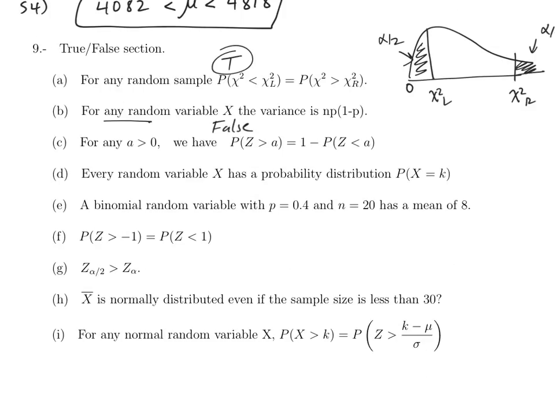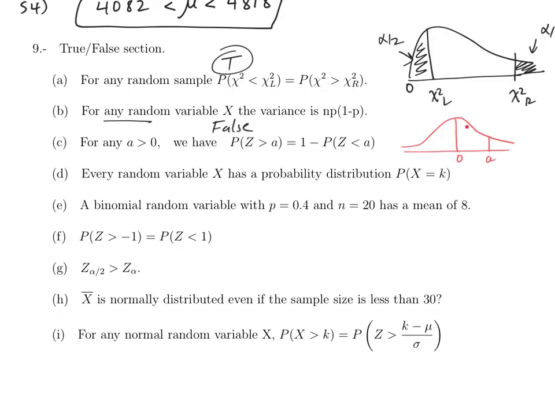Part C says for any positive value, the probability that Z is greater than A is 1 minus the probability that Z is less than A. The first thing you have to do is draw a graph, and we'll show you if this is true or not. Let's say that A is here. Greater than A would be this part. Less than A is this part.